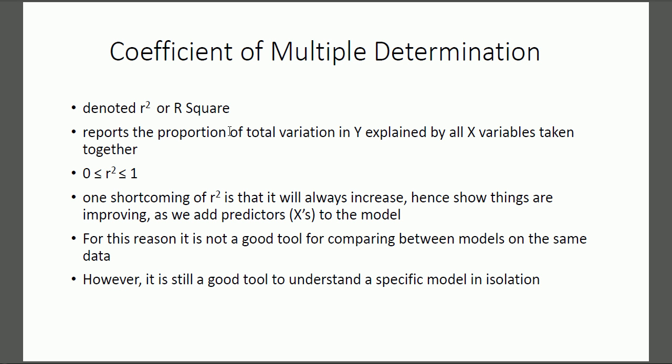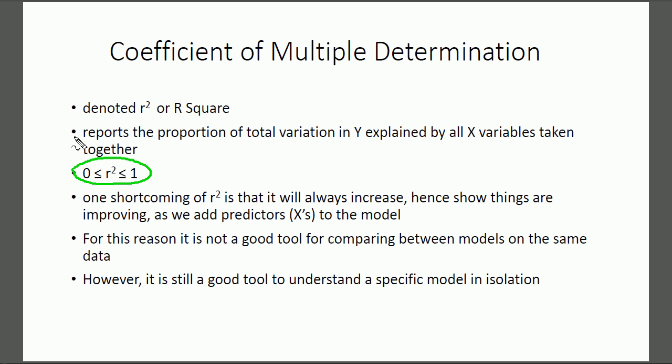So it tells us how well the independent variables are doing at predicting y. It puts it into a number that ranges from 0 to 1, so it's easily converted to a proportion, so we can relate to it and understand what it's telling us.